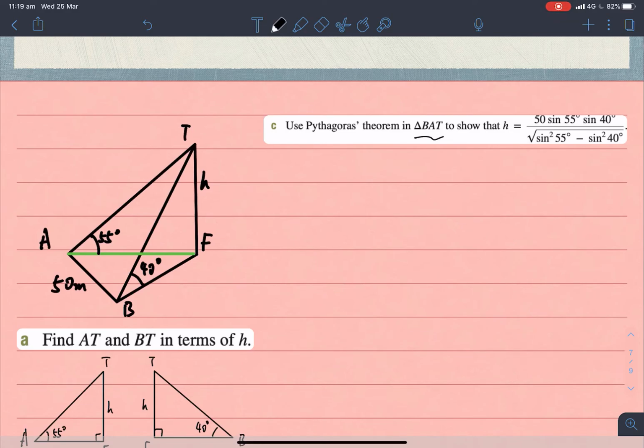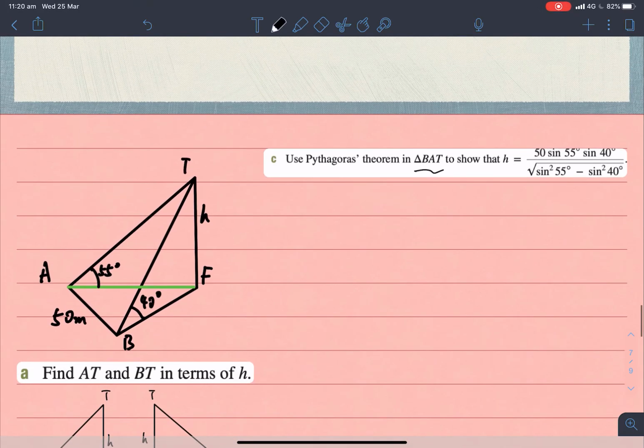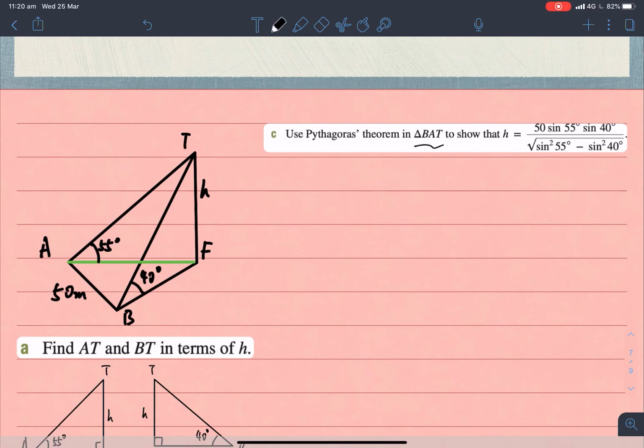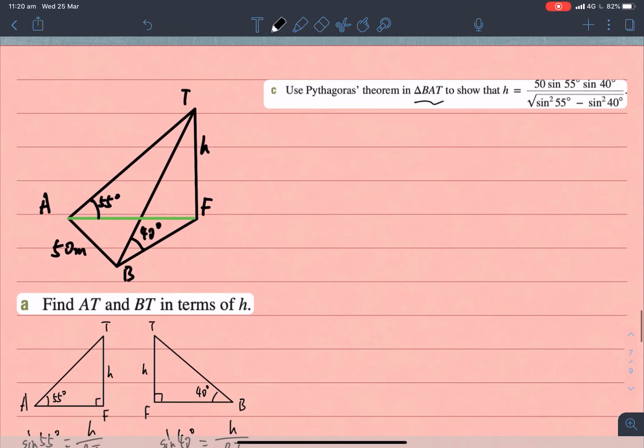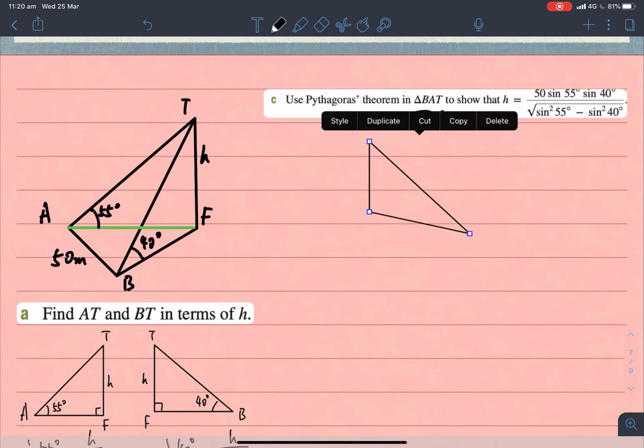He asked us to show BAT, that means that angle is 90 degrees. That one's a little bit hard to show, so we skip that one. We just assume that it's a right angle triangle. So, okay. In that case, let's say this is a right angle triangle. Let's draw it out first. Always a good idea to draw it out.